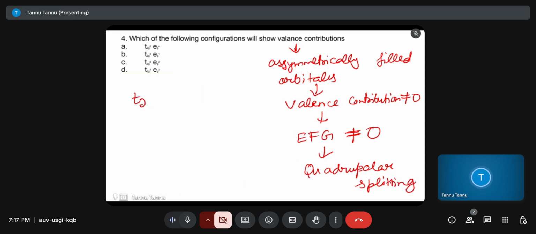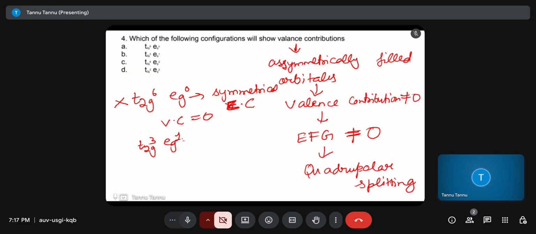Your t2g6 eg0 is a symmetrical valence electronic configuration, so it will not show valence contribution. Then t2g3 eg1 is an asymmetrical electronic configuration, so it will have a non-zero valence contribution.